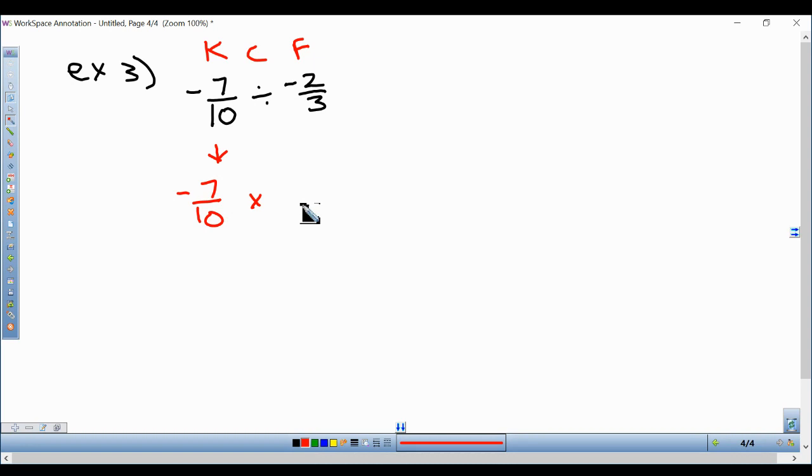Change division to multiplication. And we flip negative 2/3 to negative 3/2. And now this is a multiplication problem. Multiply straight across. 7 times 3 is 21. And 10 times 2 is 20.